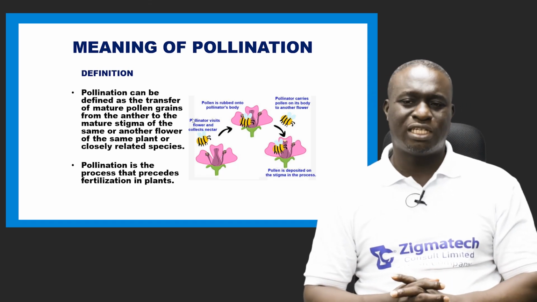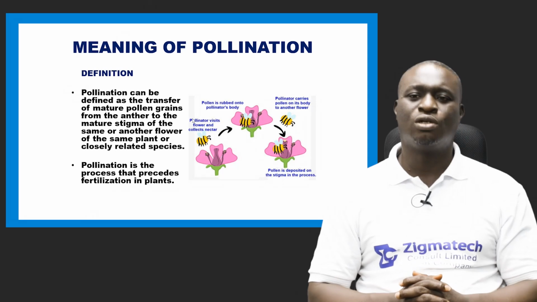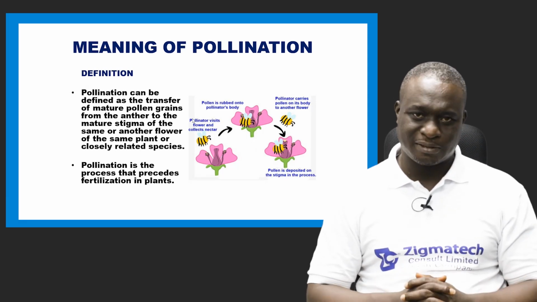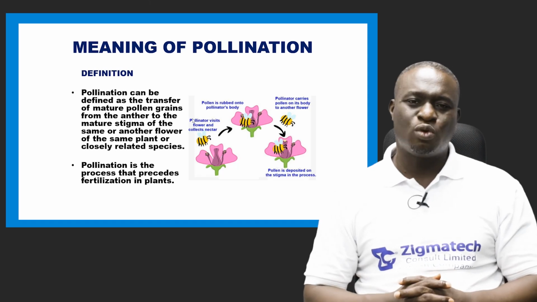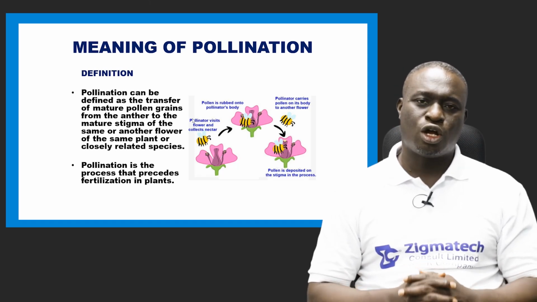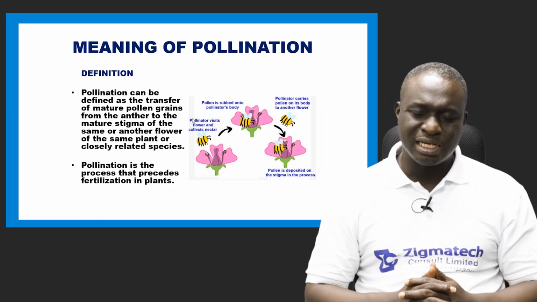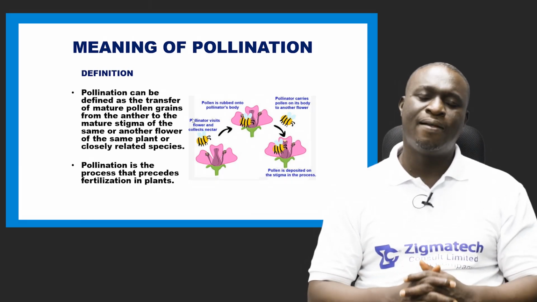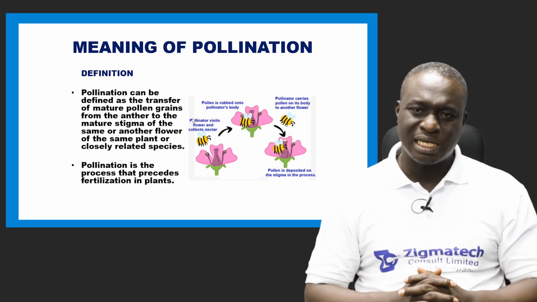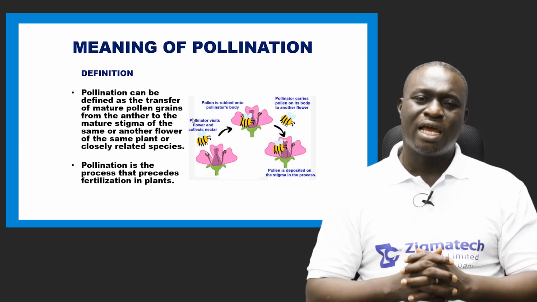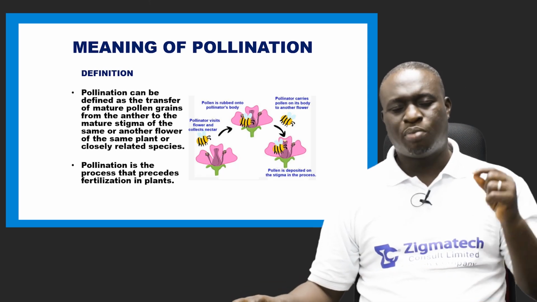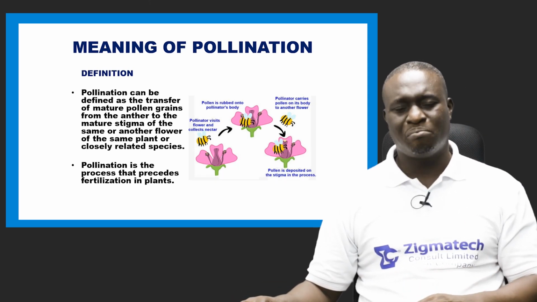But also, please take note that pollination precedes fertilization in plants, just the same way courtship behavior precedes fertilization in animals. In the same manner, pollination precedes fertilization in plants. So before fertilization will take place, pollination must be in place.